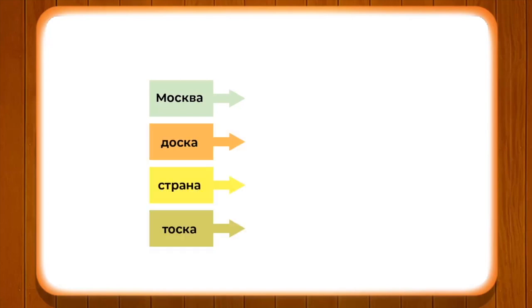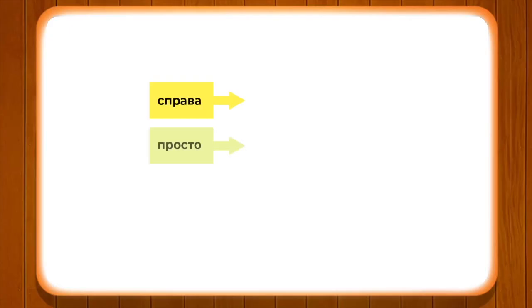Now, we are having a set of a few more words from the Russian language. We will see how to pronounce them and their meaning. So, we have Moskva. Moskva is the capital of Russia, also known as Moscow in English. Doska, strana, toska, sprava, prosta, and spasiba.